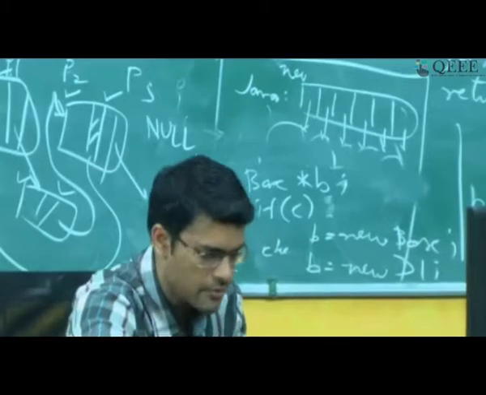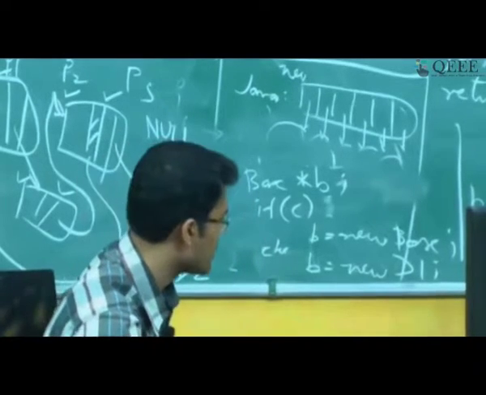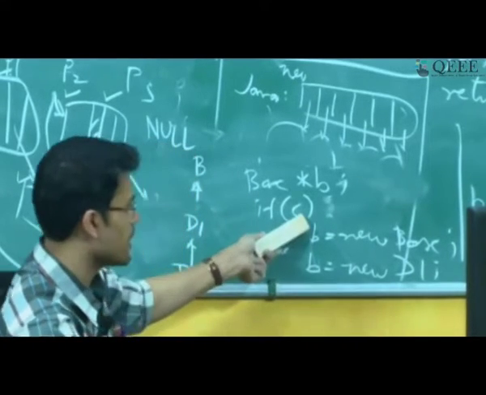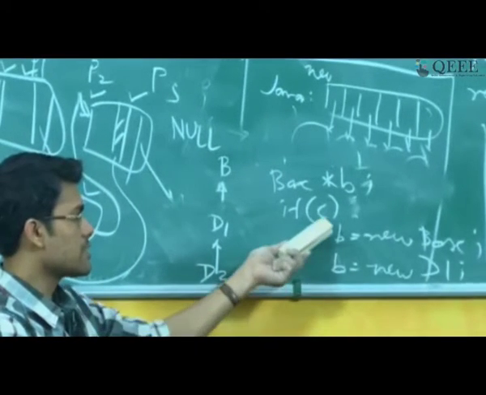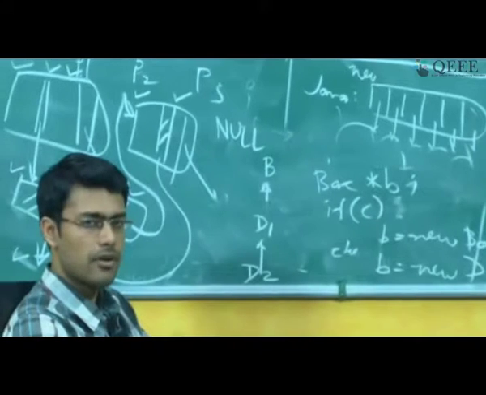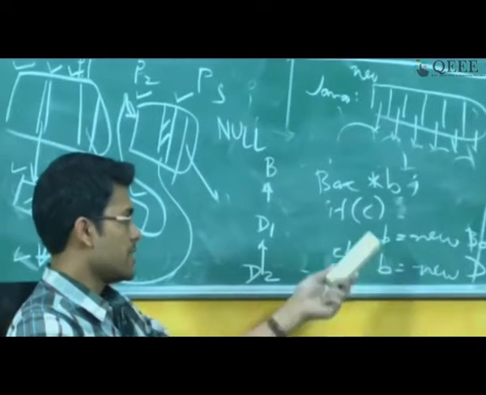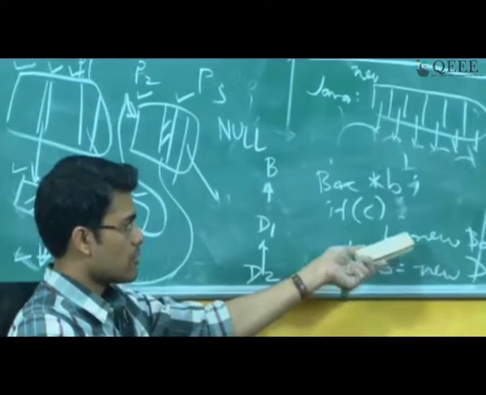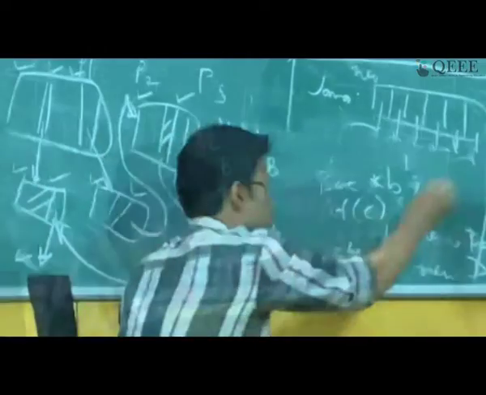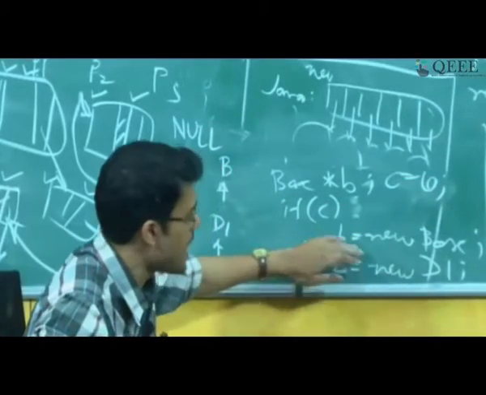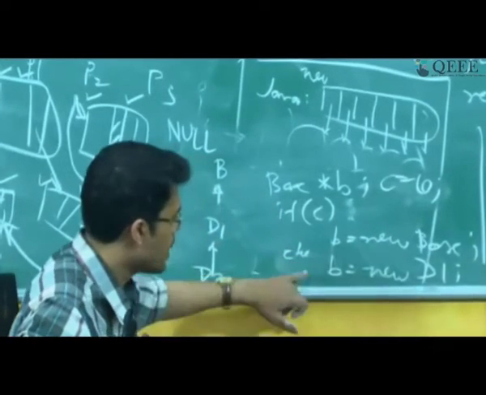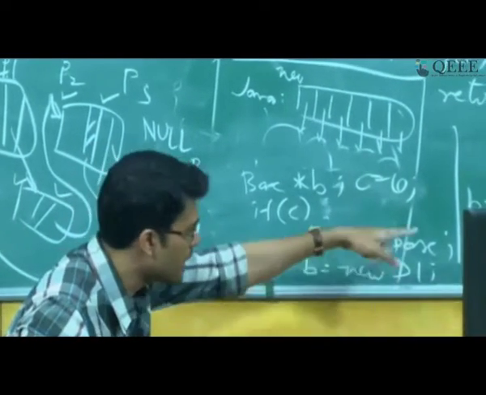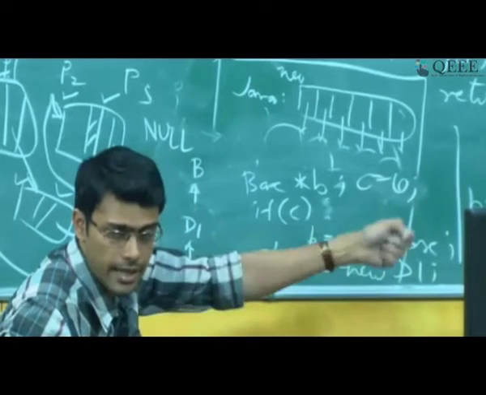Whereas there are some things which are possible to be identified at compile time. For example, if this c is not really coming out of runtime information, let us say this is not a scanf of ampersand c, but c equal to a constant, in such cases the compiler knows that b is not pointing to the base but to the derived, and therefore b arrow f should be pointing to the derived.